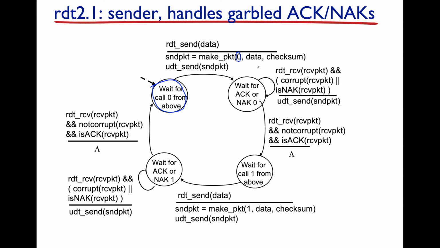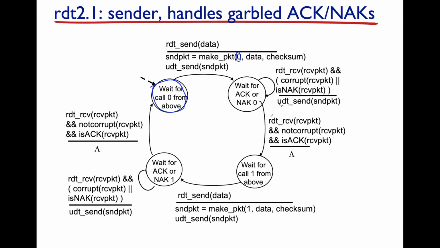So a number of things can happen. Either you get the ACK or it's corrupted. Here we have RDT receive, you get the packet, and if it's corrupt, what do you do? You resend, UDT send, a copy of that packet. If you receive it and it is a NACK message, the receiver didn't get the packet, so you do a UDT send.